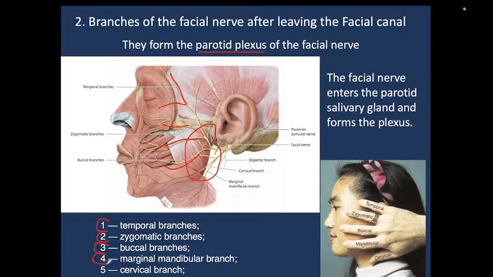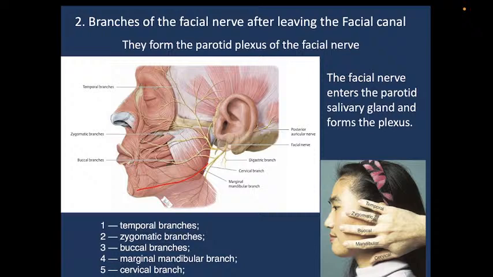The next is the marginal mandibular branch, let me show it here. It goes to the anterior part of the mandible and usually innervates muscles located in the inferior part of the face. These are the muscles we use when talking.